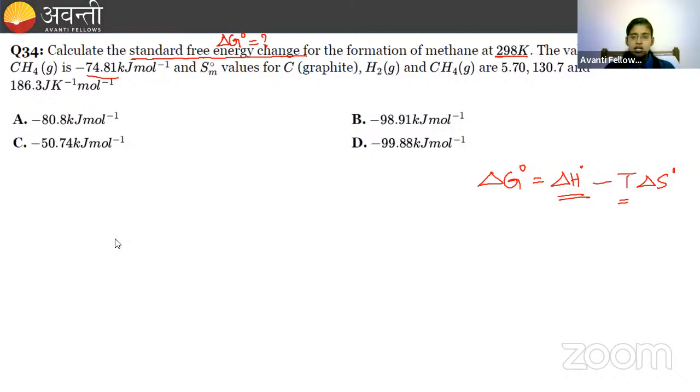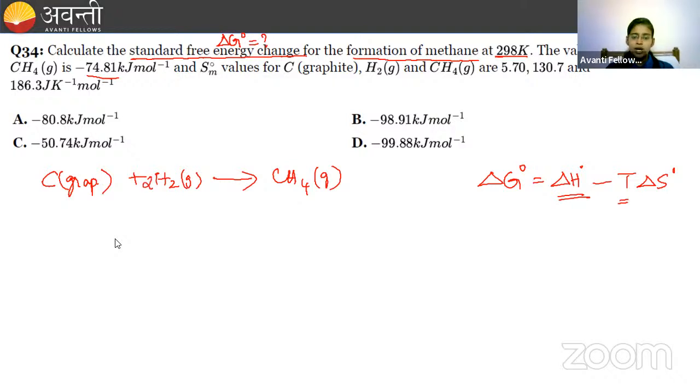Got it? Let me write the equation first. We have to write the equation, then only can we know which is the reactant and which is the product. It is for the formation of methane. So carbon in graphite form will react with hydrogen to give methane, CH4. We have to balance this equation, so let me put 2 here.